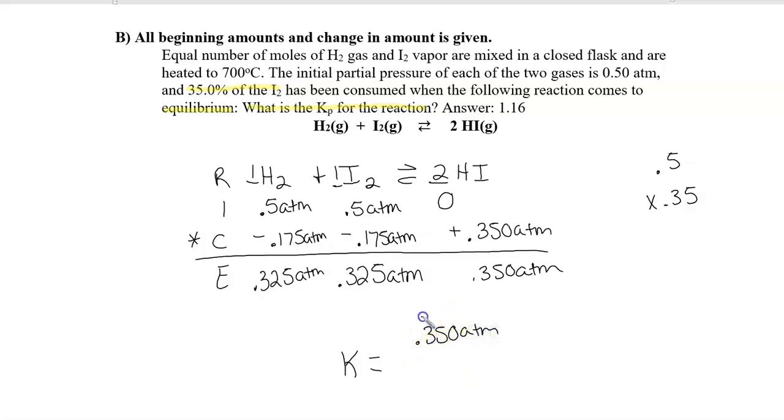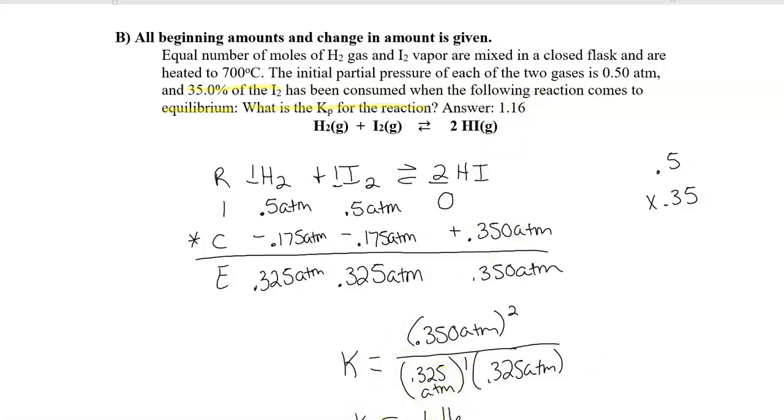So we've got this squared, divided by 0.325 raised to the first and 0.325 raised to the first. And you should be getting, according to my answer up there, 1.16 as our K.